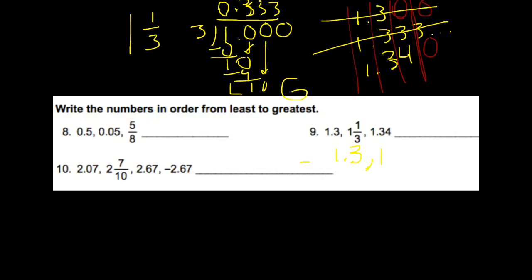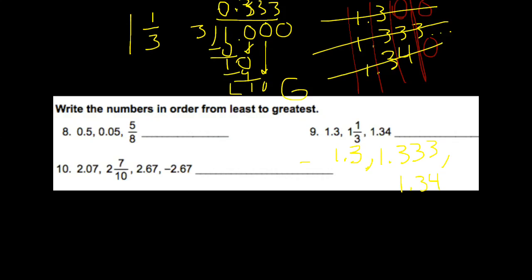So I'm going to put a comma, 1 333 thousandths, comma, and then my last number is 1 34/100. And so that's in order from least to greatest. I could have also used a number line, but for this, I think that putting these lines, these place value bars, is the best solution.